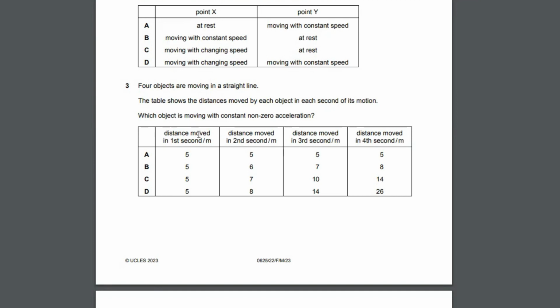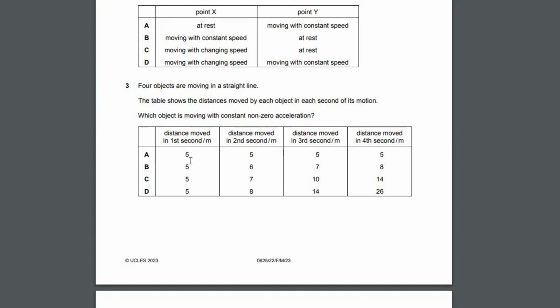So the columns are distance moved in the first second in meters, distance moved in the second second in meters, and respectively for third and fourth. Now the first row shows you 5, 5, 5, and 5. This means there is no increment in speed. It is moving at the same speed and it is covering the same distance. That means there is no acceleration. It is constant speed.